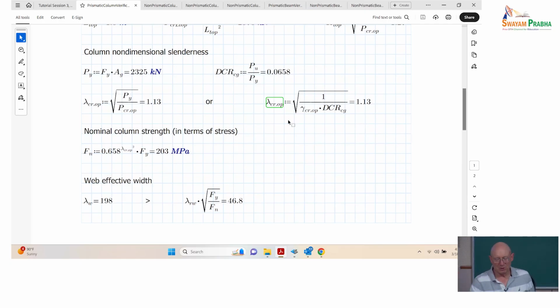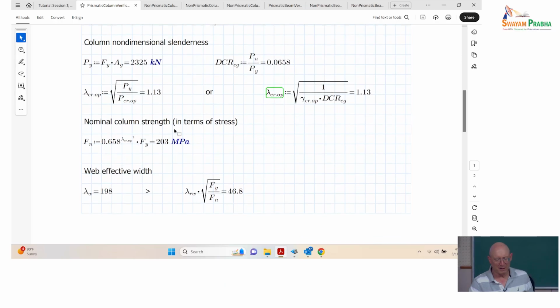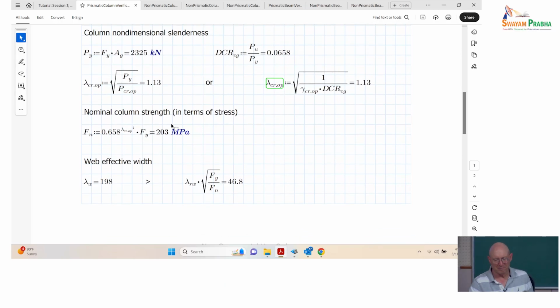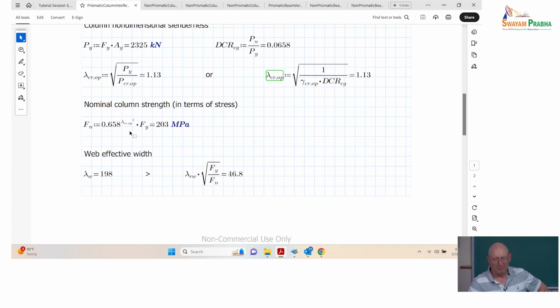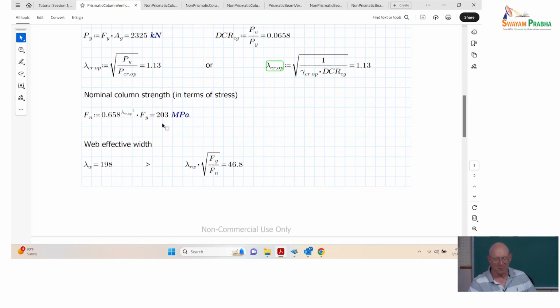Okay, so we've got a non-dimensional slenderness for the column. Now we go to our column curve. It turns out that this non-dimensional slenderness falls in the range that would classify as inelastic buckling. And so this is the exponential equation that gives the inelastic part of the AISC column curve.